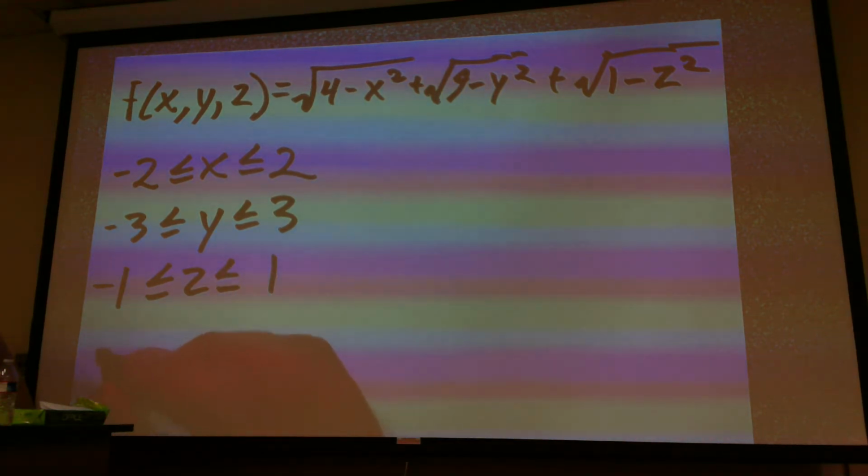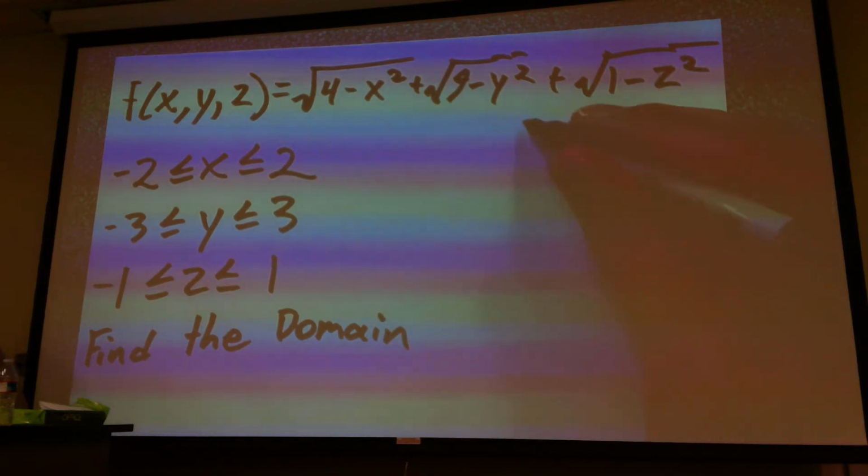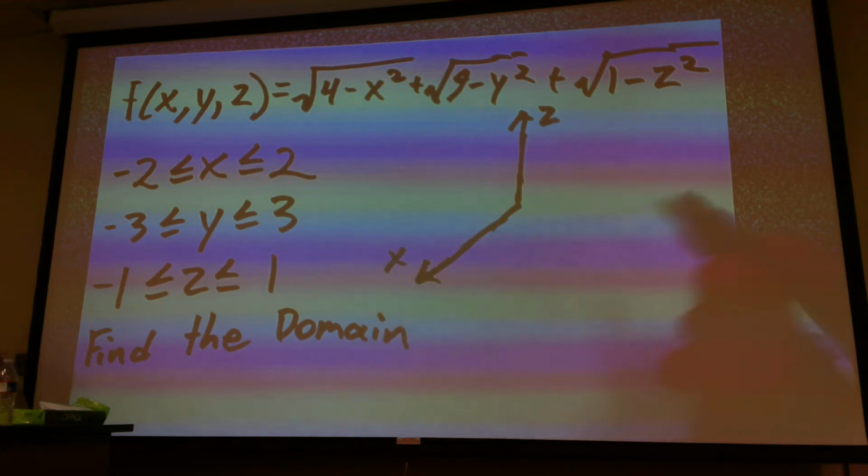And let's say I'm trying to find the domain. All right, so let's see if I can actually draw this. That's going to be my z-axis. That's my x-axis, and this is going to be my y-axis.